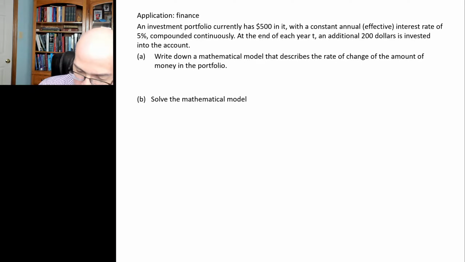Okay, so big picture, we want our model, which is going to have two components. The first component, which is almost free, is our initial condition. How much money are we starting with? Y of 0 is equal to 500. That's our starting cash.